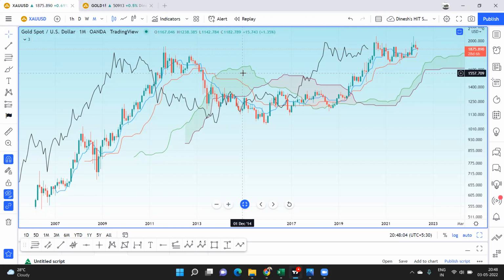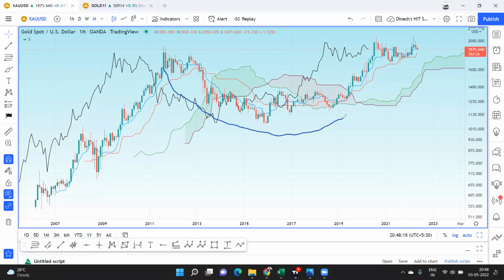Now, in the gold monthly chart, we can watch out here for something of a rounding shaped structure which took place from the 2011 high, from where it declined and gave a reversal all the way. This was the COVID spike which we saw, and in August 2020, it made a high.